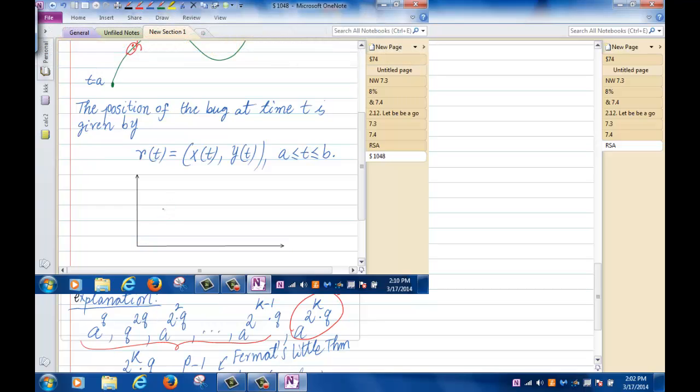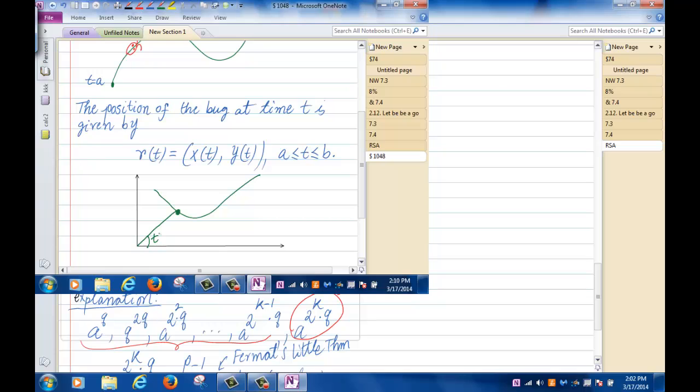So let's say I have another curve here like this, and the position of the bug as a function of the parameter t, maybe t represents this angle here.